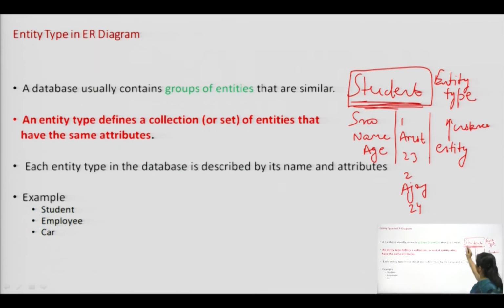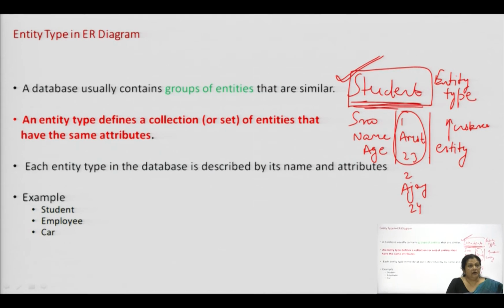That means, if we have the entity type student, then the entity represented by student number 1, name and age 23, is an instance or occurrence of the entity type student.